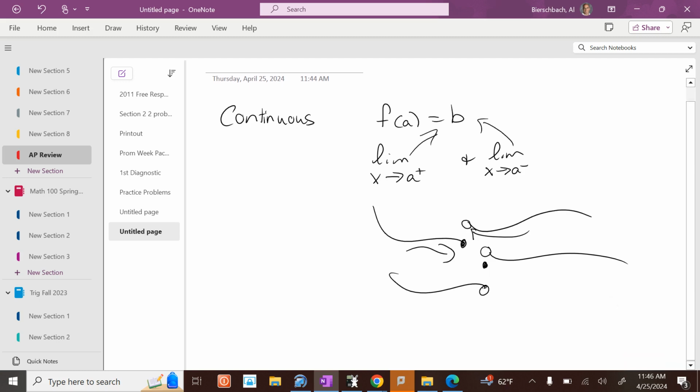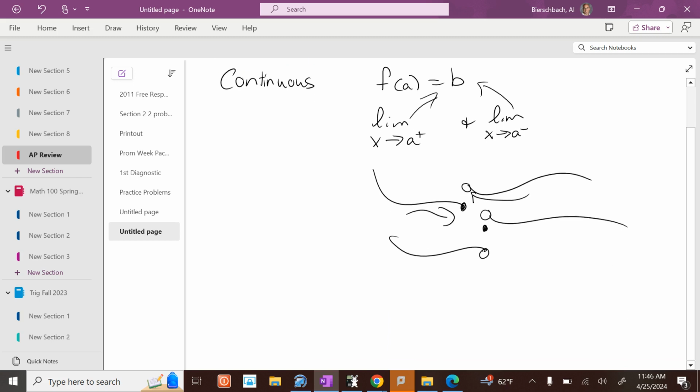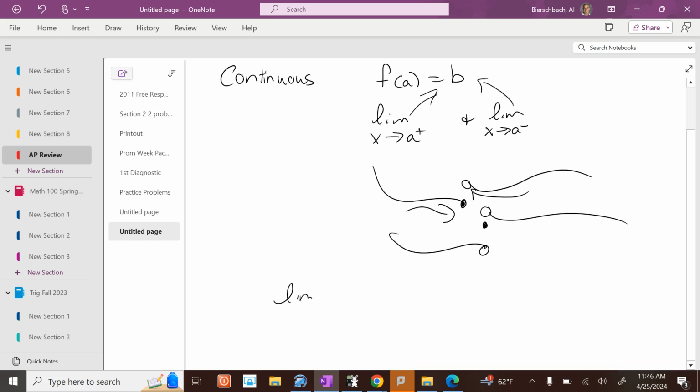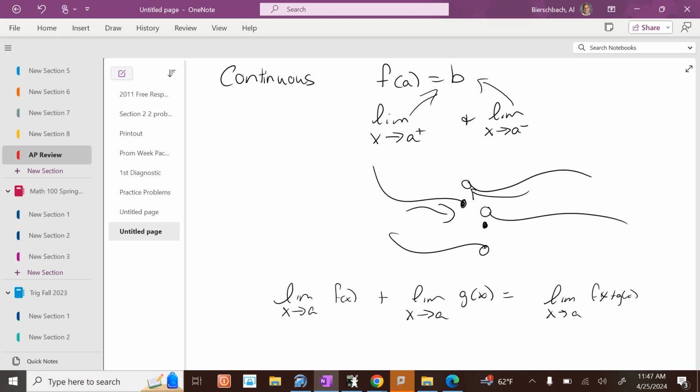So we had that in chapter 1. We worked with limits where, remember, the limit as x approaches a of f of x plus the limit as x approaches a of g of x is really the same as the limit as x approaches a of f of x plus g of x. You can add, subtract, multiply, and divide limits, and it's just like normal numbers.